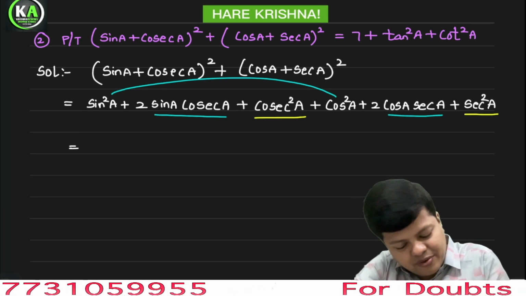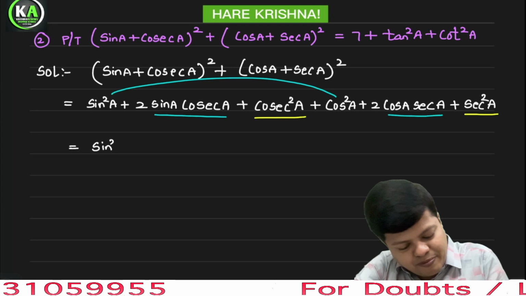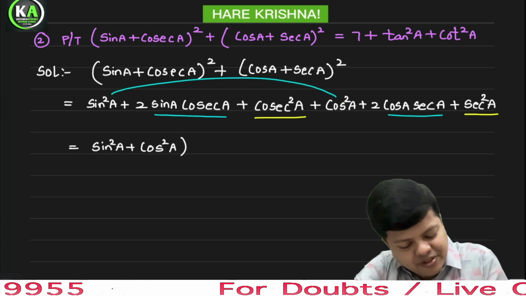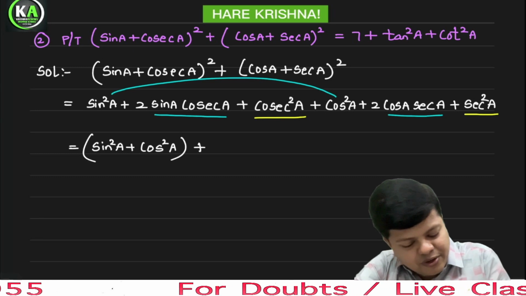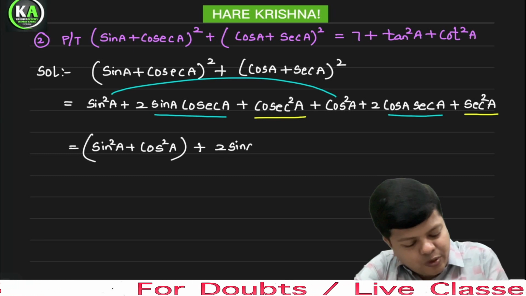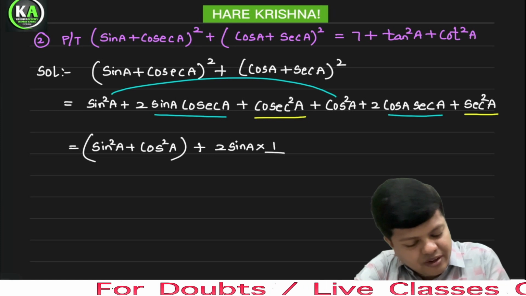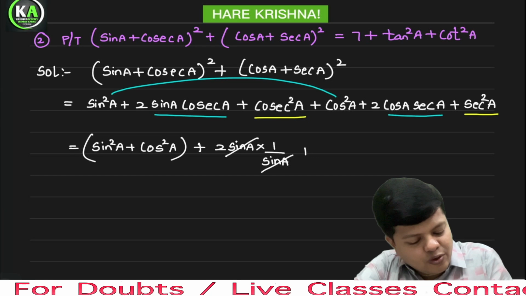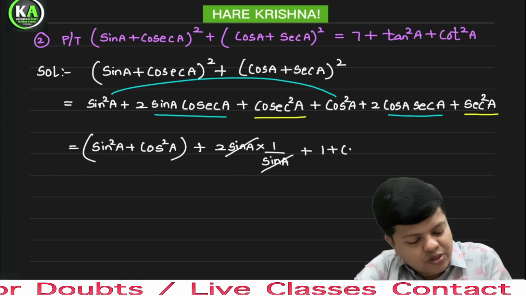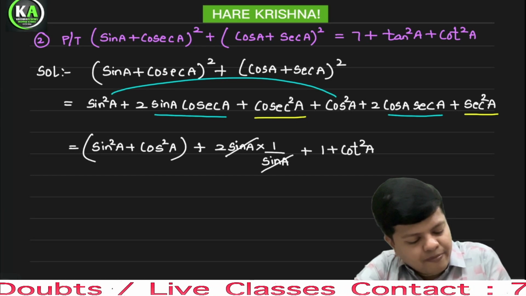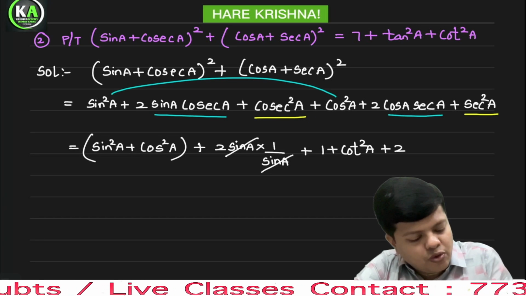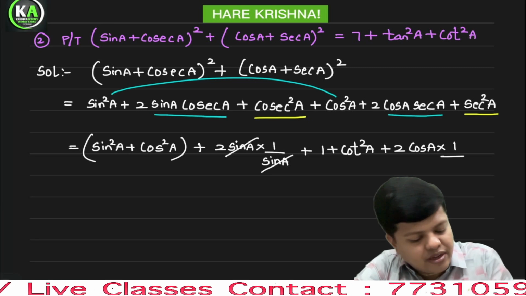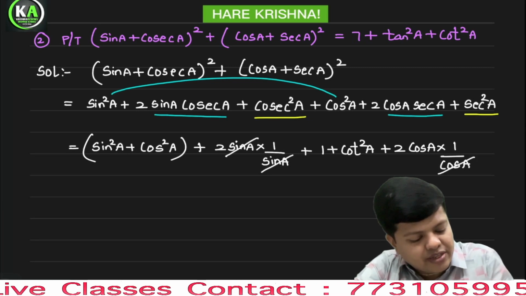So it is equal to sin square A plus cos square A, will write in one bracket. It is 1, first identity we used, plus 2 sin A into cosecant A, will write as 1 by sin A, because cosecant A is 1 by sin A. Sin A cancels. Cosecant square A is 1 plus cot square A, and 2 cos A into secant A is 1 by cos A. Cos A cancels.